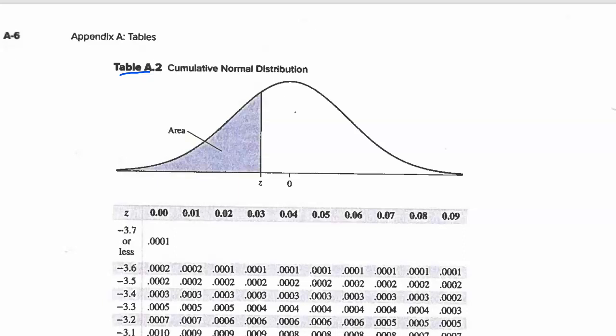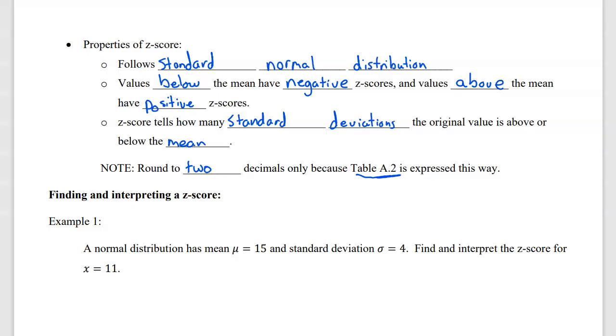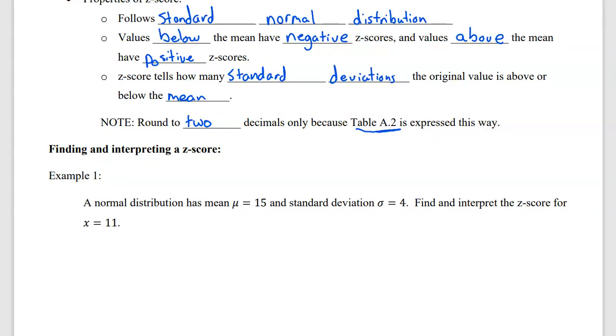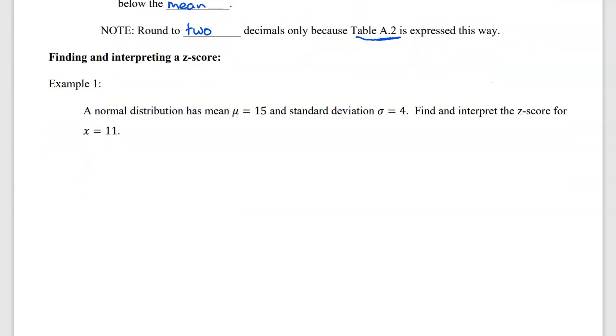And so we're going to round all of our z-scores to 2 decimal places. Now let's look at a couple of examples, and all we're doing is going to find and interpret the z-score for right now, and then we'll come back and look at how we use this with the actual table.